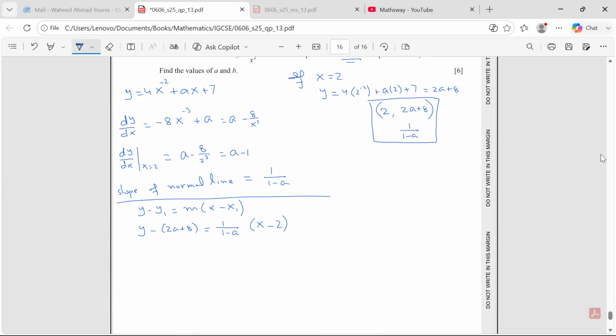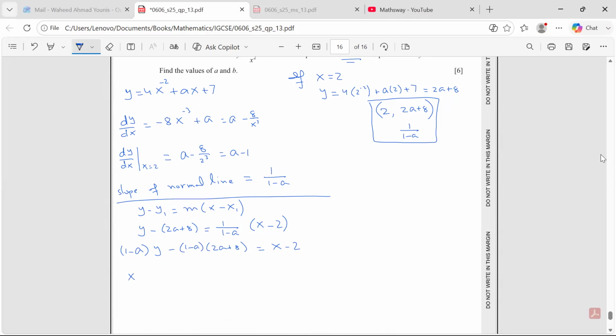And so that means 1 minus a times y minus 2a plus 8 equals x minus 2. Right? Okay, let us rearrange.